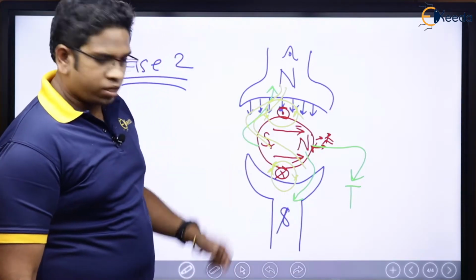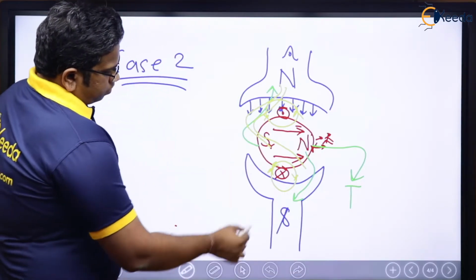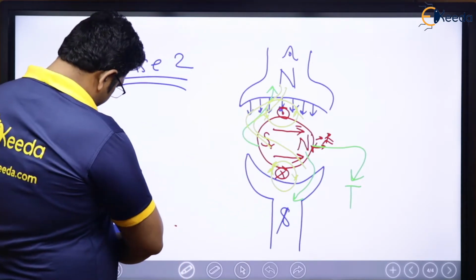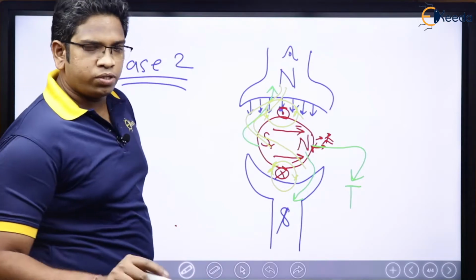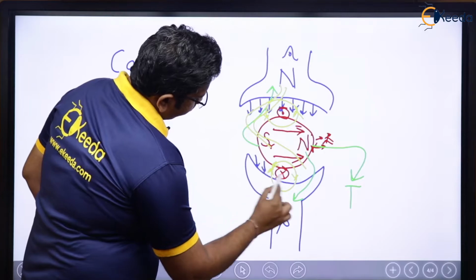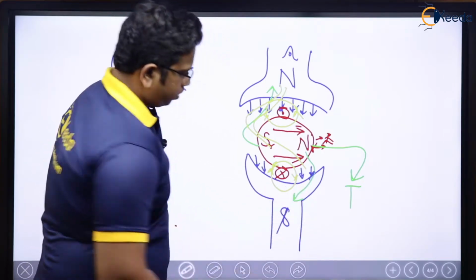Now see here, what is happening? This is the south pole. Flux lines will be coming like this. If you see, it is the south pole. Stator flux line will be coming like this, right?